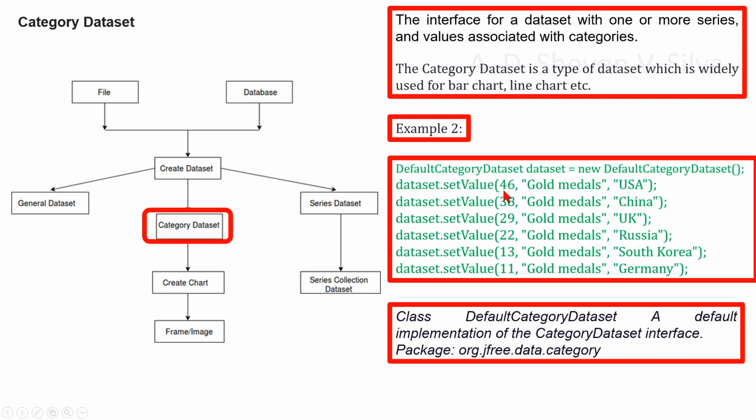Here this is the value, null permitted. This is the row key, the row key null not permitted. Column key, the column key null not permitted.